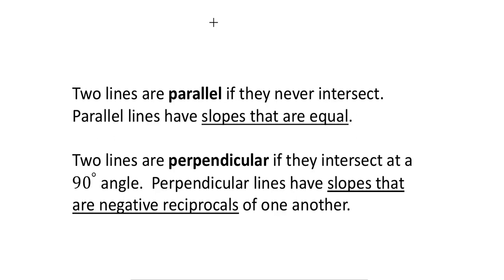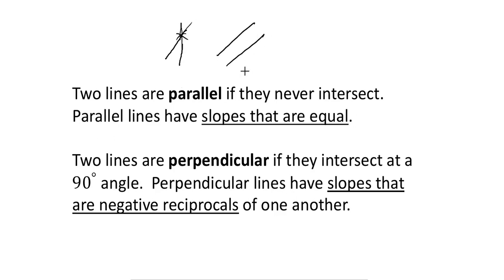All right, so the last topic of this video, parallel and perpendicular lines. So 2 lines are parallel if they never intersect. And for them to never intersect, the lines have to be slanted exactly the same. If you have one line that's slanted a little bit more than the other line, they're eventually going to cross each other, so they're not parallel.